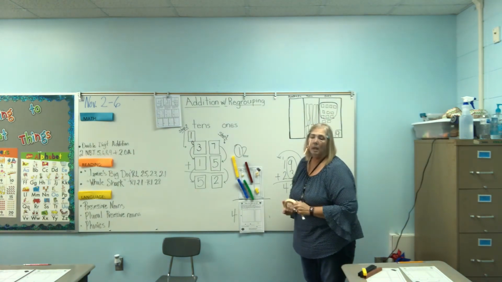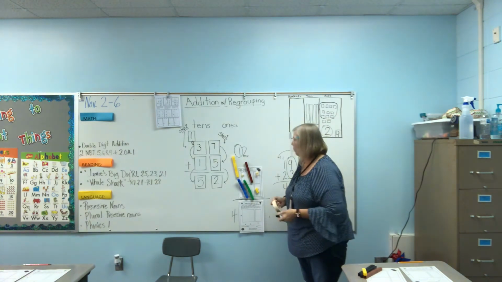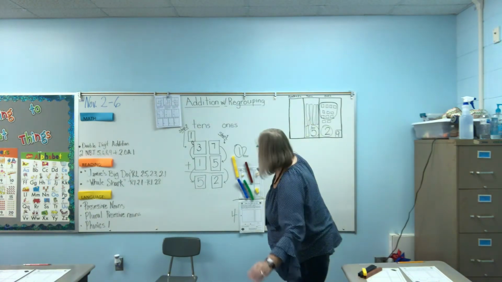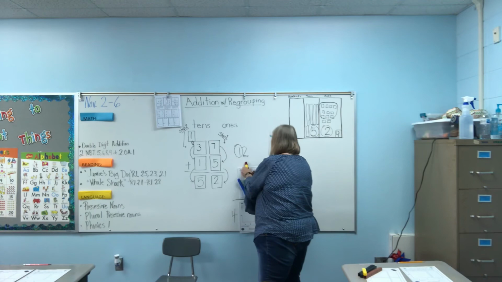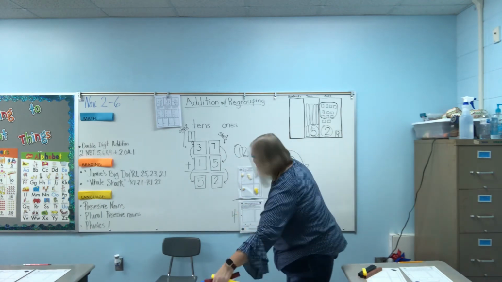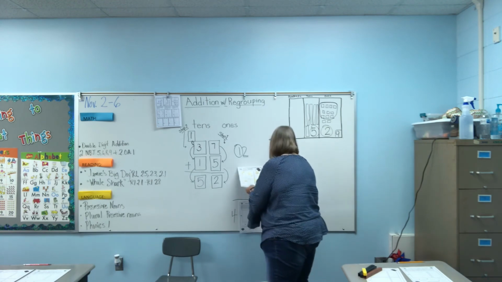All right. I'll put another problem up on the board now. You can use your cubes to solve, or you can work in a way that you find easy for you. So let's do a couple more problems.